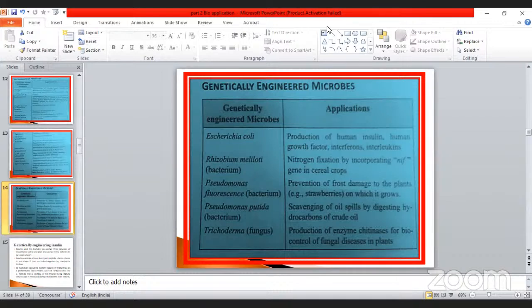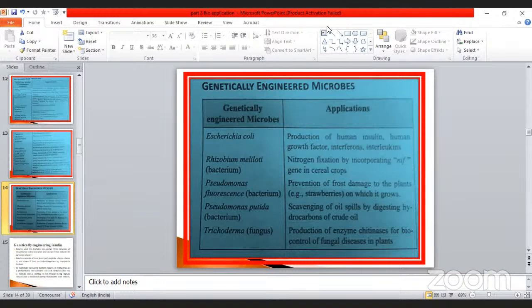The Pseudomonas putida splits the complex molecules of the crude oil into simple molecules, carbon, hydrogen, oxygen, nitrogen, like that. They can be exhausted into the atmosphere. As a result, the ozone layer is clear. The aquatic life will escape from the oil pollution.